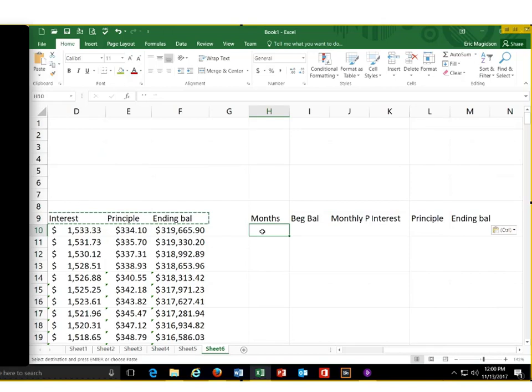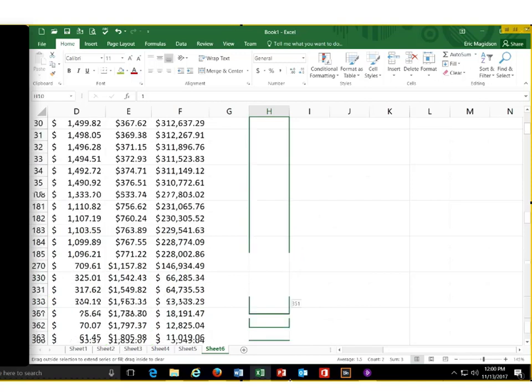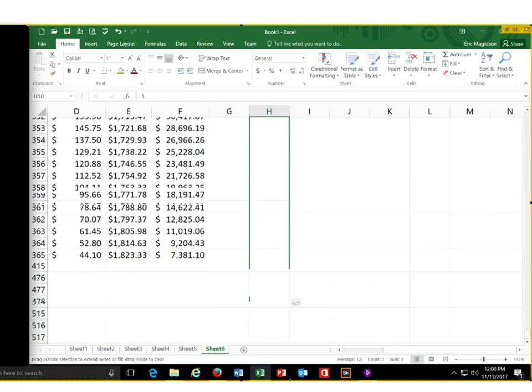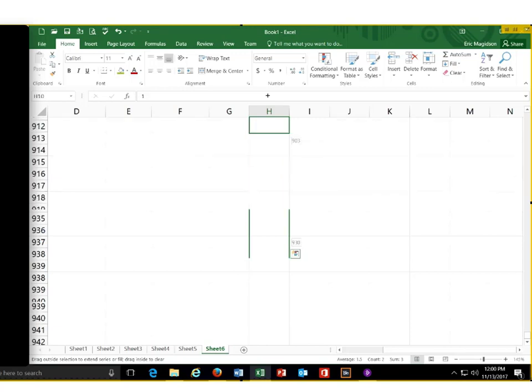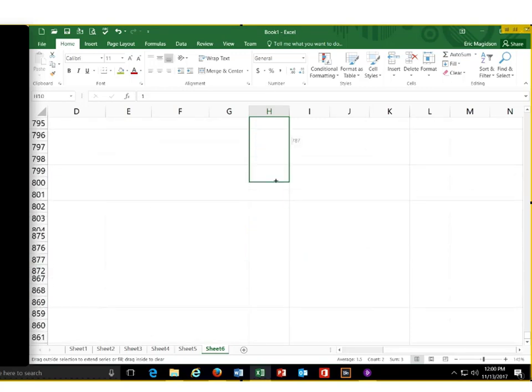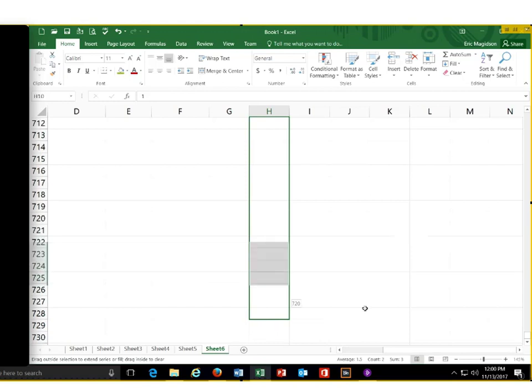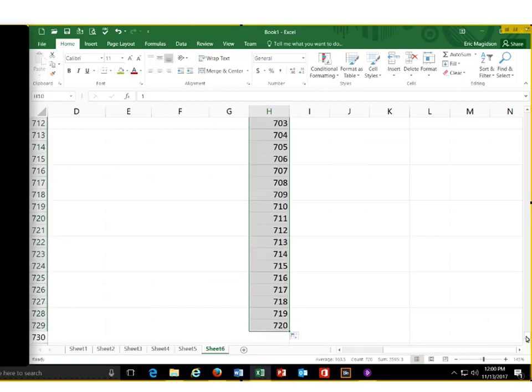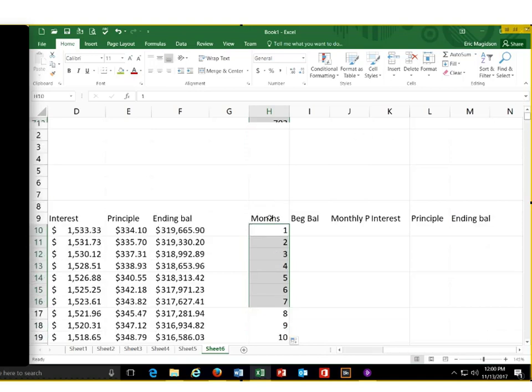Instead of making 360 payments, how many payments am I making? 720 payments. I'm just simply going to pay twice a month, right? There's my 720 payments. So instead of months, I'm going to call this payments.